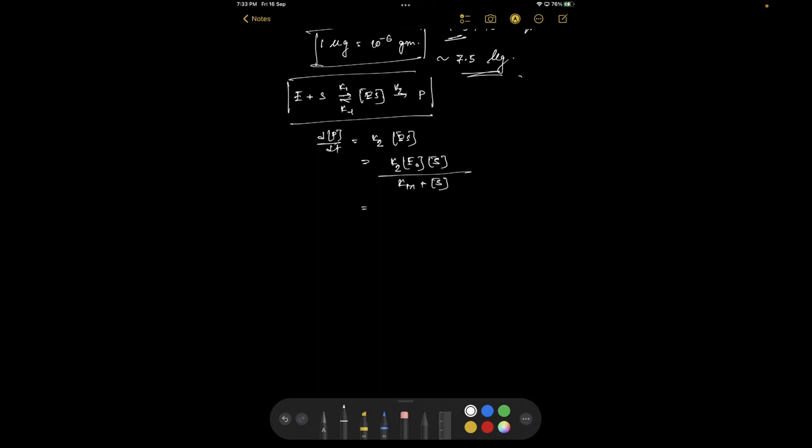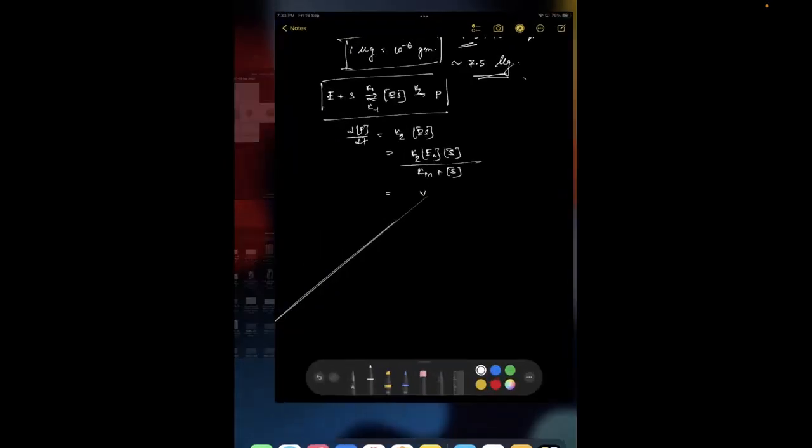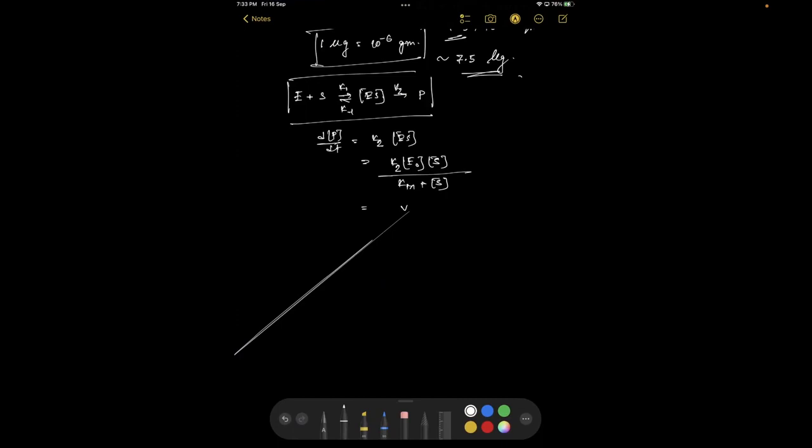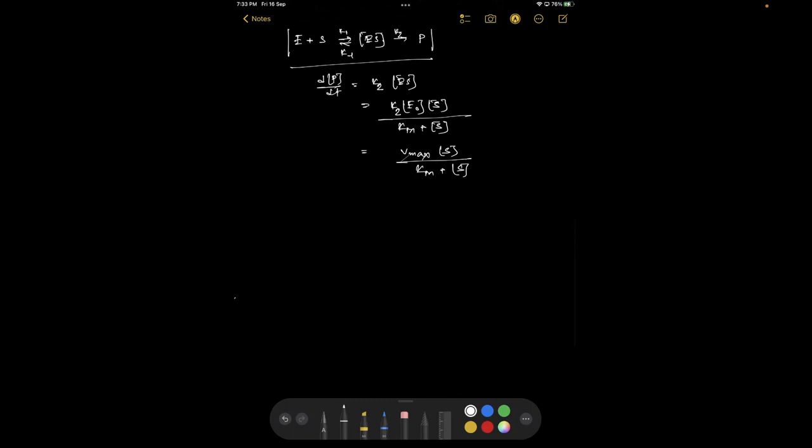So K2 times E0 we call Vmax, so Vmax times substrate concentration divided by Km plus S. Now Km is the Michaelis constant, Km equals K minus 1 plus K2 divided by K1, right?